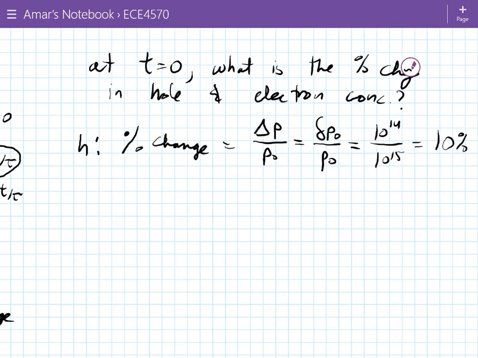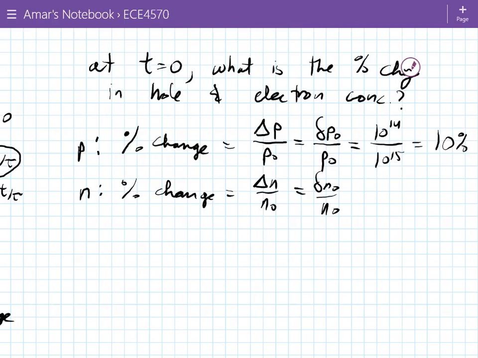So for electrons, let's call this P, holes, and then electrons, percentage change is equal to the change in electron concentration divided by the initial amount. So it's delta n over n0, and this is now 10 to the 14th divided by 10 to the negative 3.